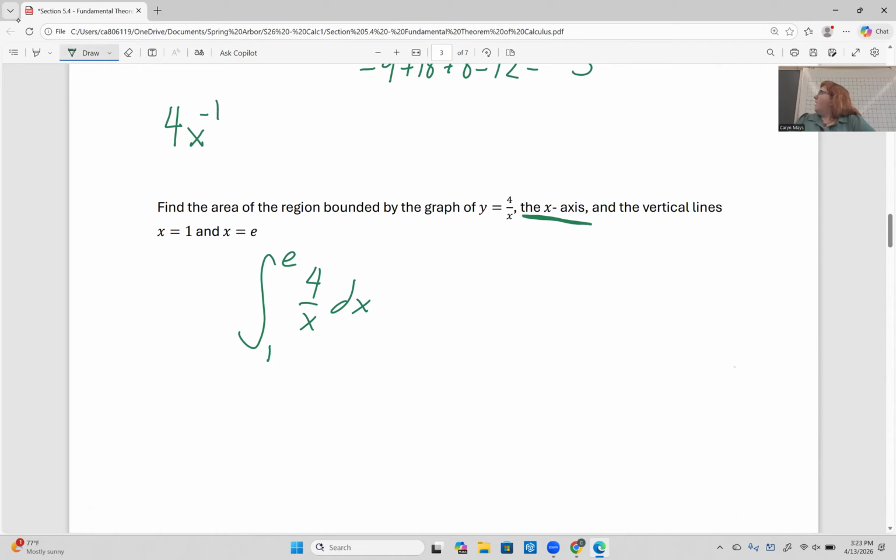Add 1. What is negative 1 plus 1? 0. So we have to use ln or something, absolute value. Yeah, if I add 1, I get 0, and then I'd be dividing by that new exponent of 0. We can't do that. So there's a different rule for 1 over x or 4 over x or whatever number over x.